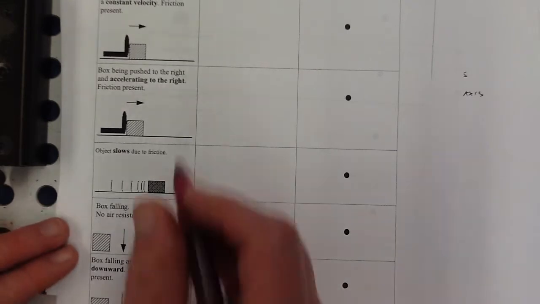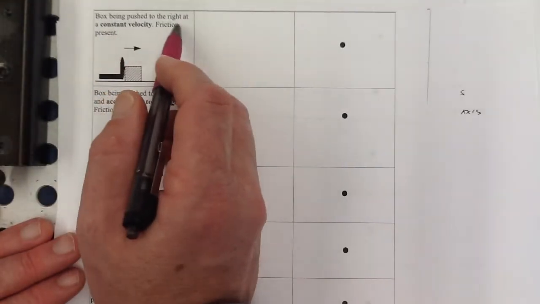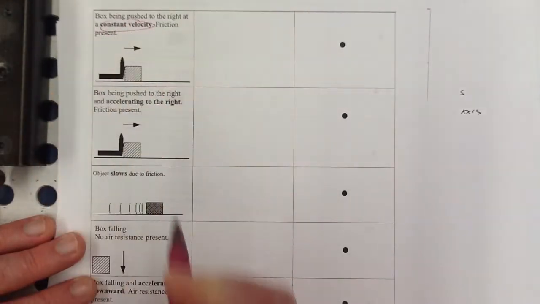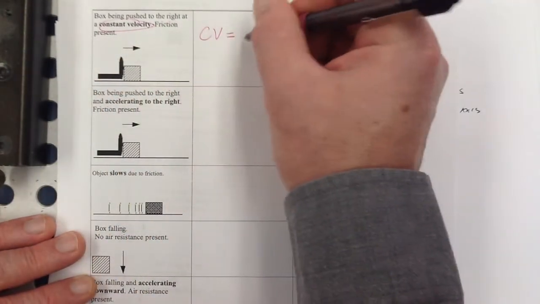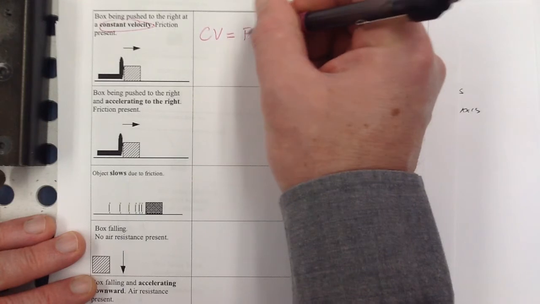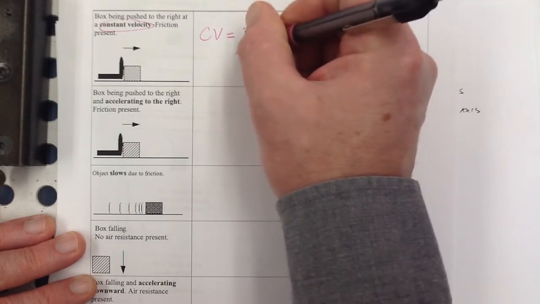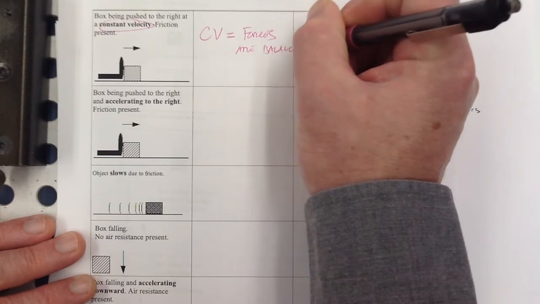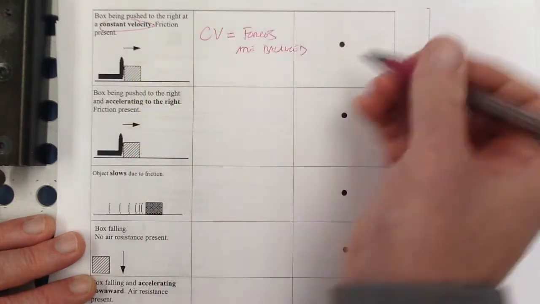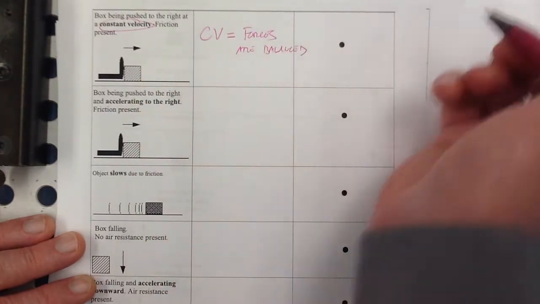All right. Here, we get a box being pushed to the right at a constant velocity. So constant velocity means that the forces are balanced. And I mean, obviously, these forces are vectors, right? We draw them like vectors. They have magnitude and direction.